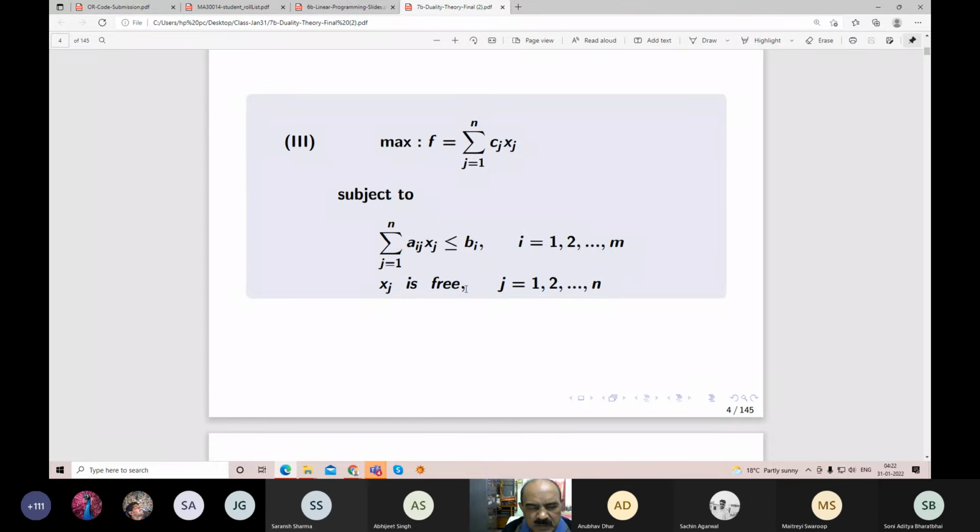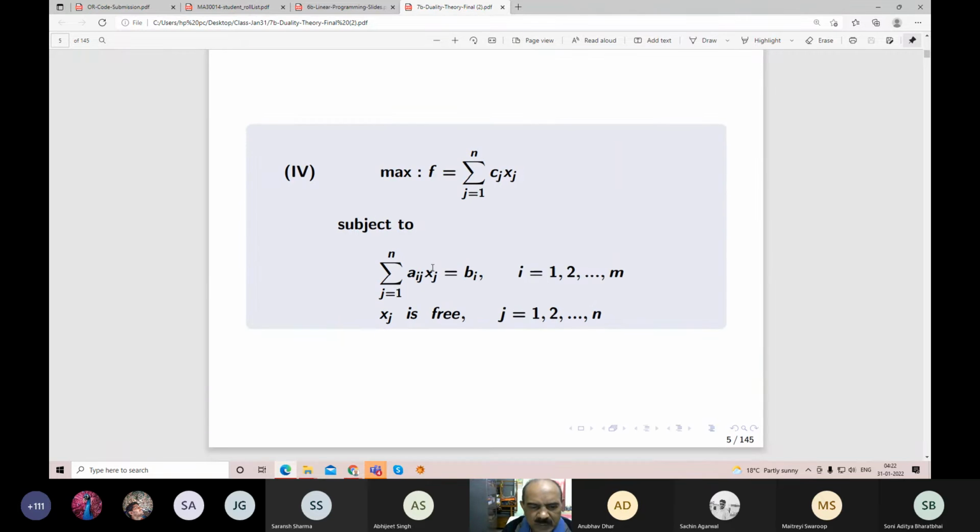Free means, there are n variables, and if you want to make them restricted, you have to use xj equal to the difference of two non-negative variables, xj equal to xj dash minus xj double dash. So instead of n variables, there will be 2n variables. So xj is free. This is the difference.